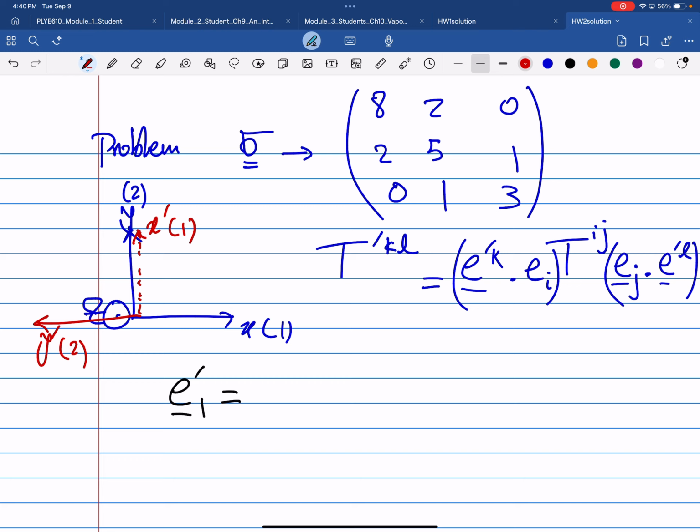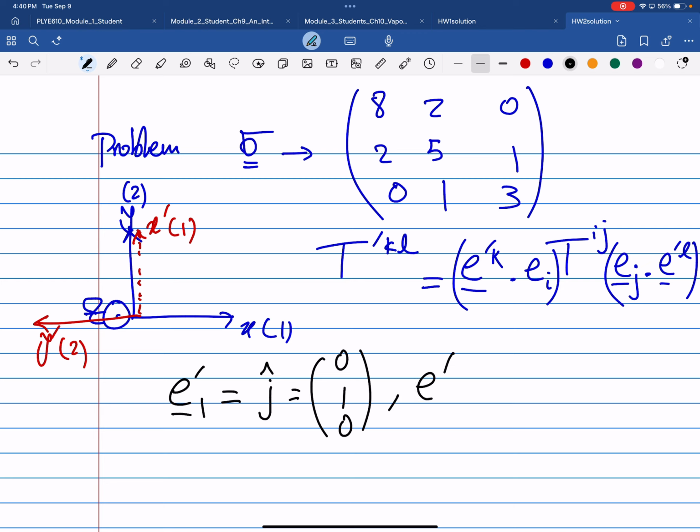We have IJK. We are expressing everything in terms of the old coordinate system, which is the Cartesian coordinate system. We know it. So E prime 1 is going to be J, or write it like this, doesn't matter.